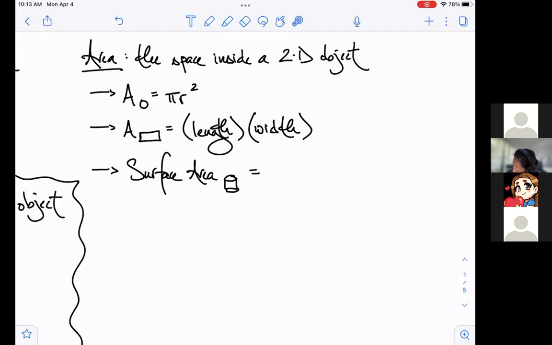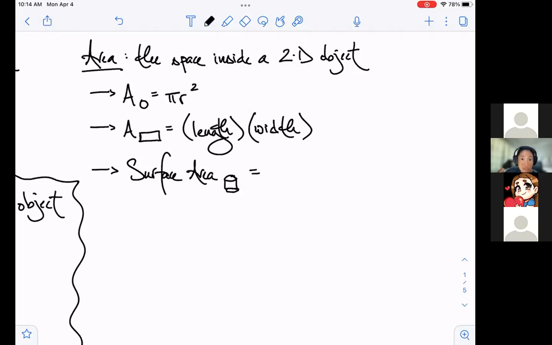Now, if you were to describe to me the shapes that make the outer parts of a cylinder, what shapes would you say? Great, exactly. We do indeed have the top and bottom.